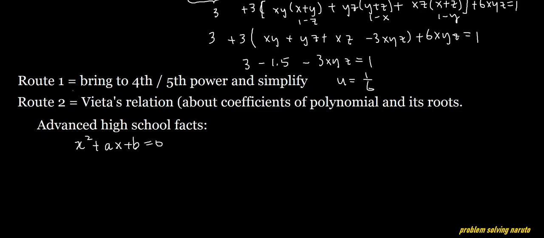Then Vieta says that, let's say alpha, beta are the roots, the sum of roots is negative a, product is just b.